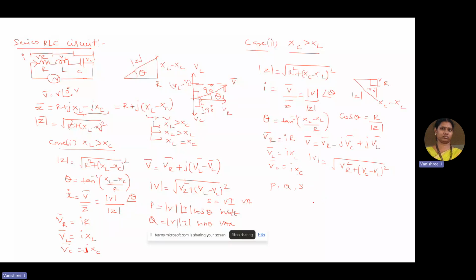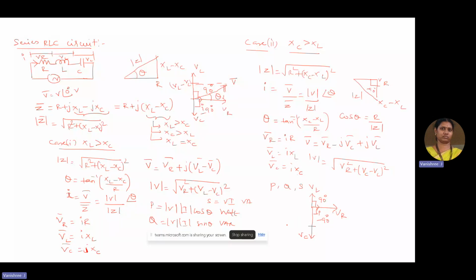Then, coming to the phasor diagram. VR is drawn along 0 degree and the current I will always be in phase with VR. VC is drawn with an angle of minus 90 degree with the VR, but the magnitude of VC is greater as XC magnitude is more compared to that of XL. Then VL is drawn in the positive direction with an angle of 90 degree with respect to VR, but the magnitude is lesser as per the magnitude of XL.